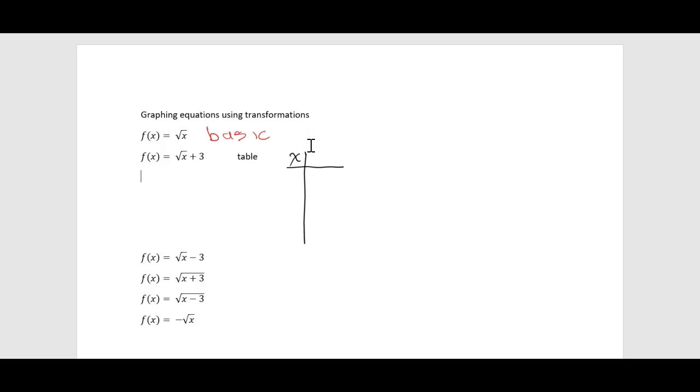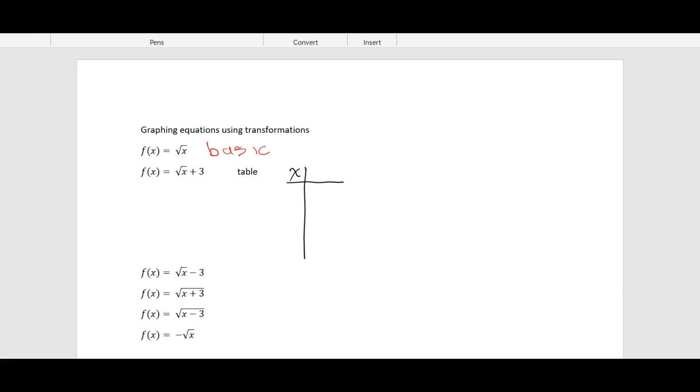Remember that whatever we get from our f of x represents our y value. So the long way, it was assign values to x. So in here we have to determine what values can I assign to my x that has a square root.